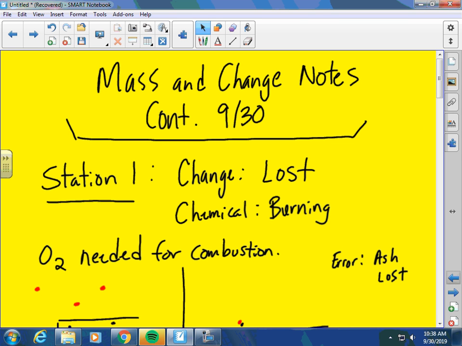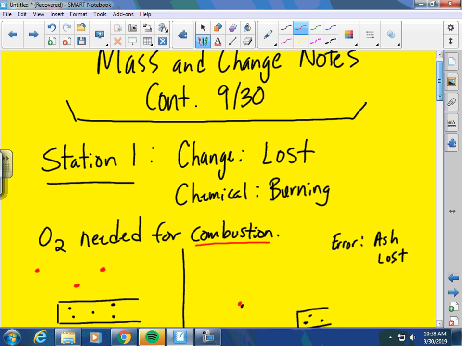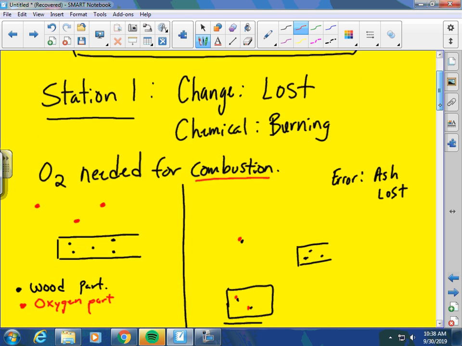Whenever you're burning something, heating something, but especially burning something, you are going to have oxygen involved because what it's called is a combustion reaction. Okay? So one thing that can actually happen in these types of changes is we can actually notice a mass increase because particles will be coming in from outside and coming in. All right?